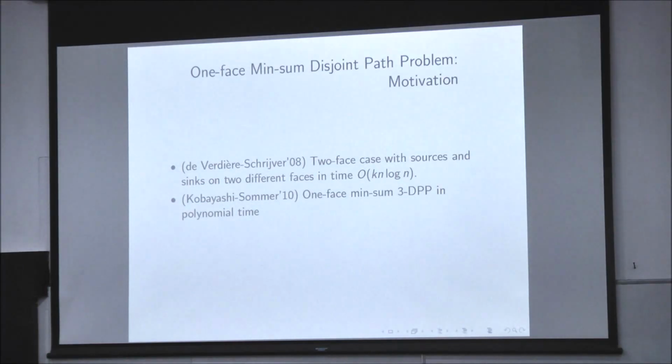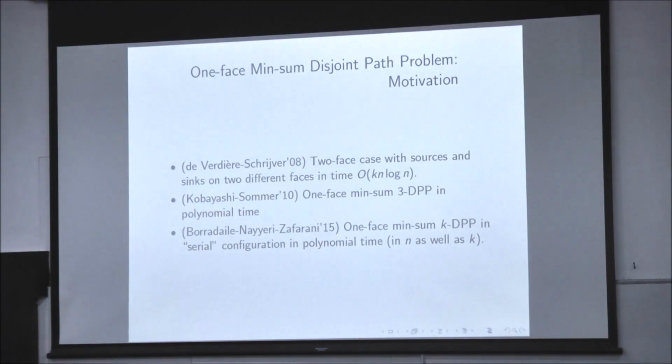Similarly, 3 disjoint paths is known to be solvable in the one-phase case in polynomial time. Again, notice the dependence on k is very specific, just k equal to 3.